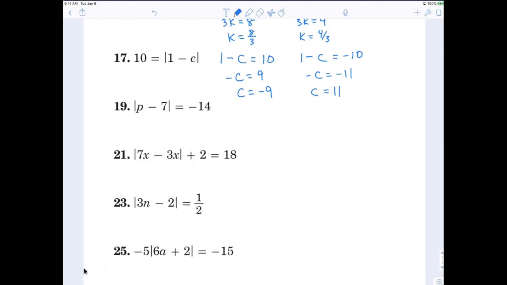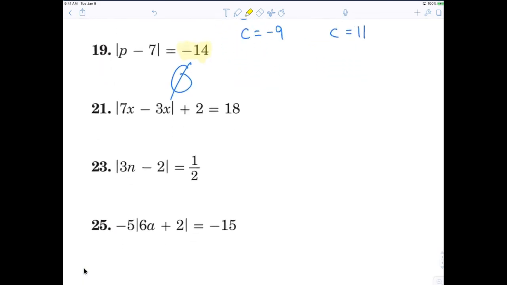Now the next one's way too easy. What is the answer? Yeah, if you knew it was no solution, pat yourself on the back. All right, again, very good. Thank you, ladies. Absolute value cannot equal a negative. Absolute value cannot equal a negative. So it was no solution. Don't be fooled.